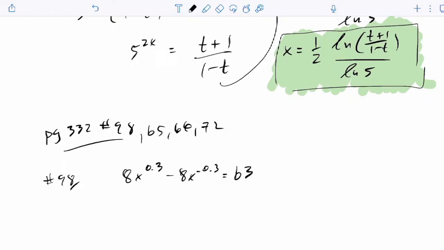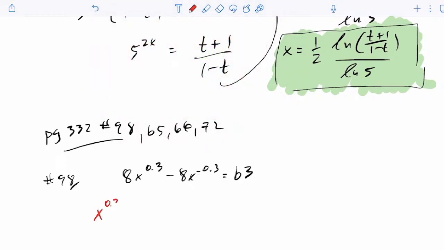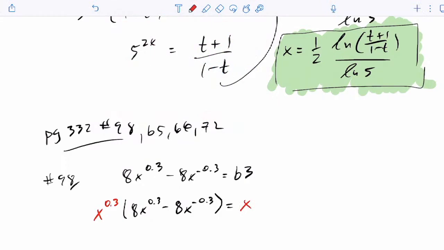Okay, so Reem, for this one here, it's the same strategy. You want to get rid of that negative exponent. So you multiply across by x to the 0.3. Sure thing, Ali.